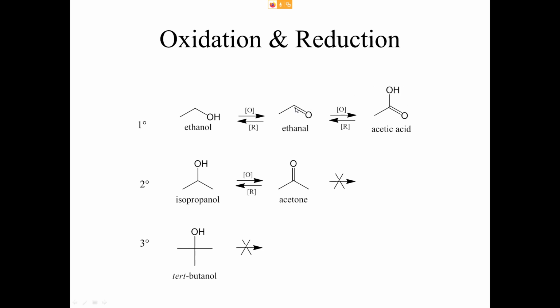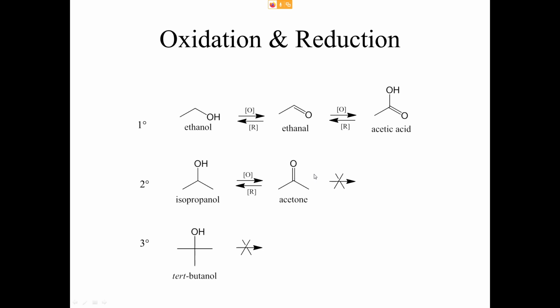The aldehyde here is making 2 bonds to oxygen, and now it's making 3 bonds to oxygens. So we went from 1 bond between carbon and oxygen to 2 to 3 total bonds. Same thing happened with the secondaries. We went from 1 bond in the secondary alcohol to 2 bonds in the ketone.